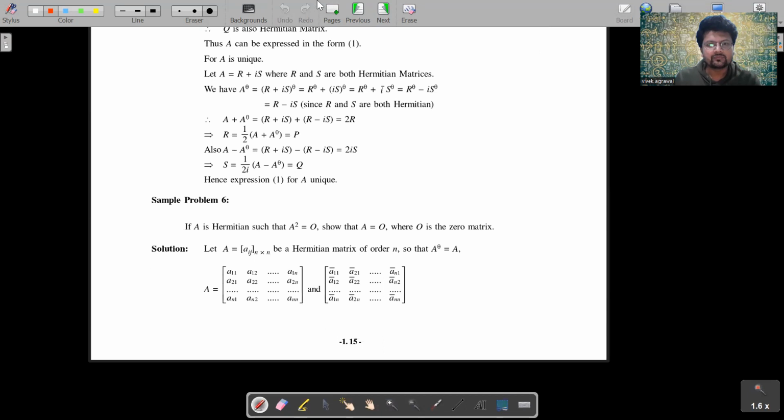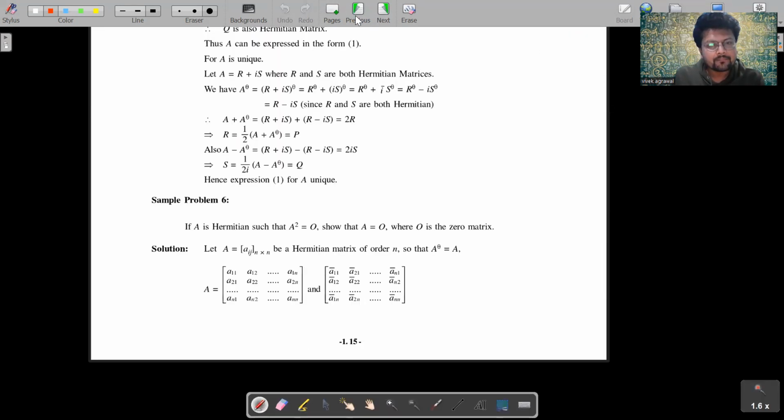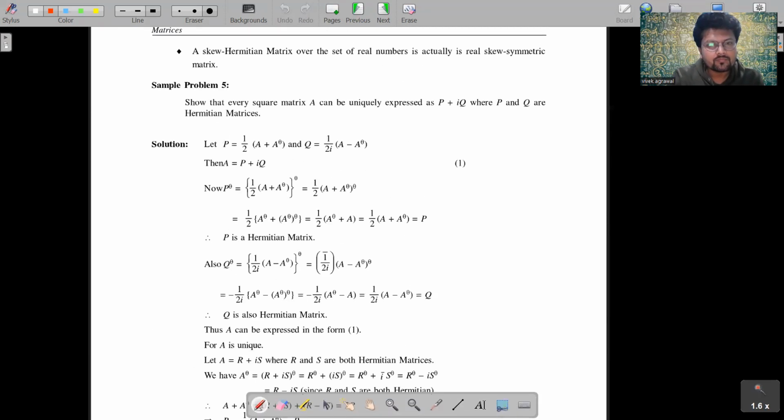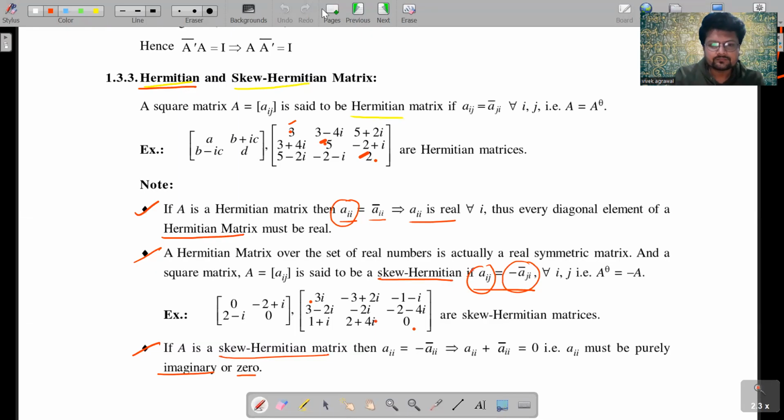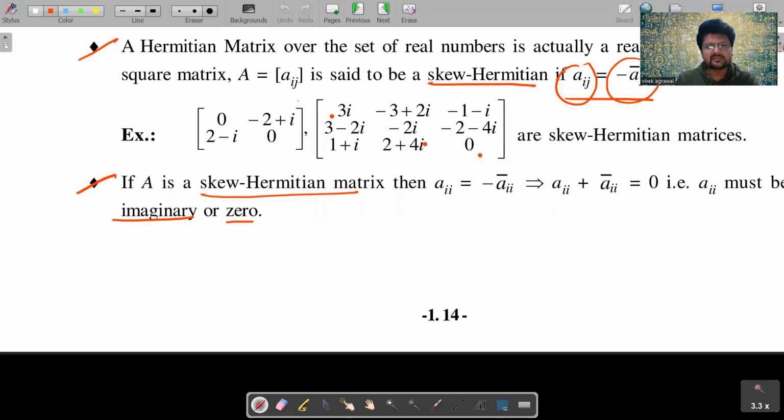Sir, can we have an example of the skew Hermitian matrix? I think it would be better, just a rough example.